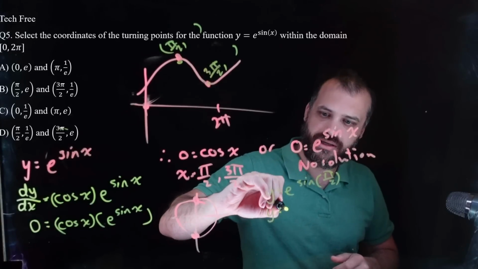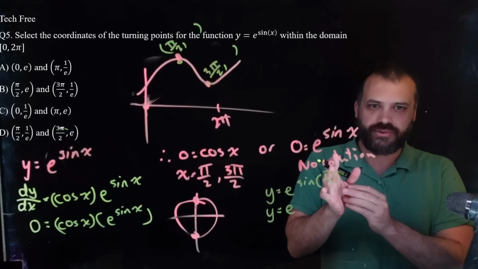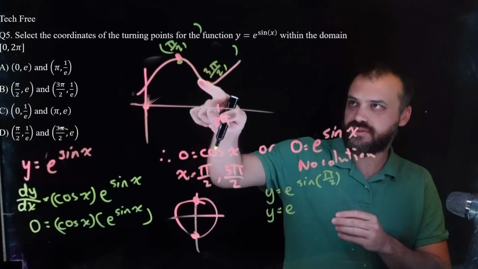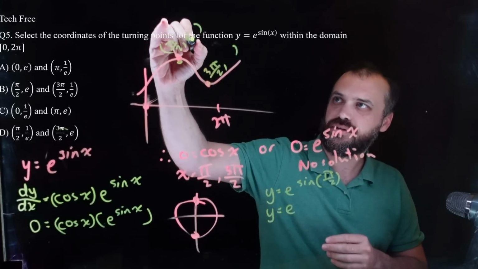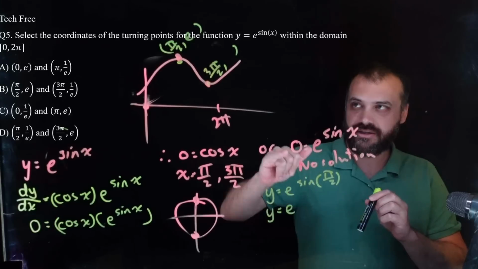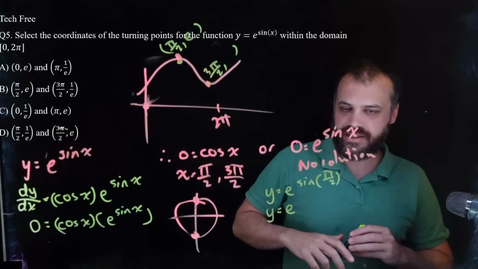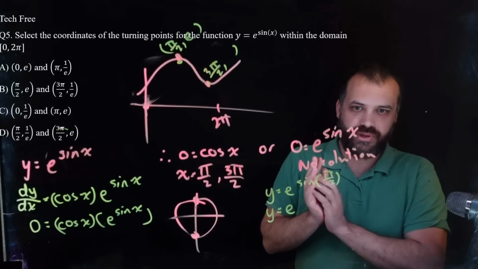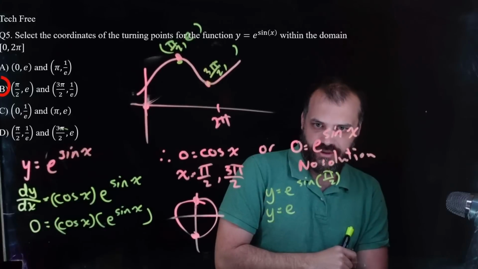So y equals e to the 1, which is e. So y equals e. Now that was at this point right here, pi on 2. So pi on 2, e. All right, that really narrows it down now. That point, (pi on 2, e), in this part here, there is only one option that I can see that has (pi on 2, e), and that is B.